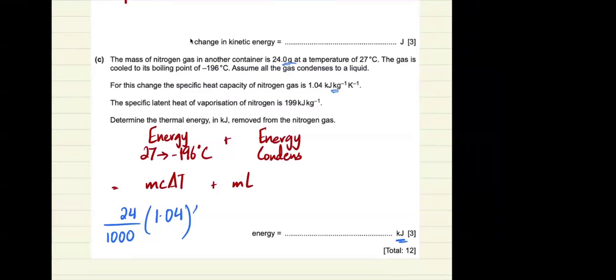And the change in temperature, the difference between 196 and 24, is 220. And then mL, again this is per kg. So 24 over 1000 times 199, and whatever this turns out to be is the answer here.